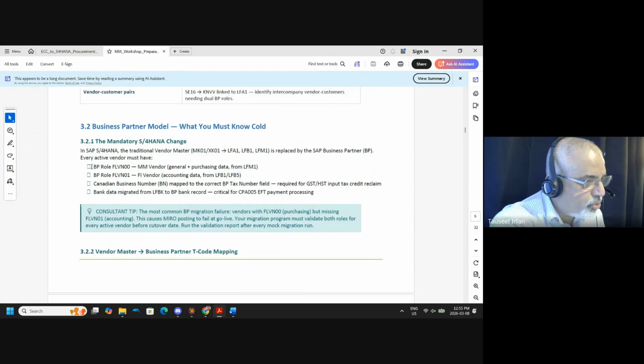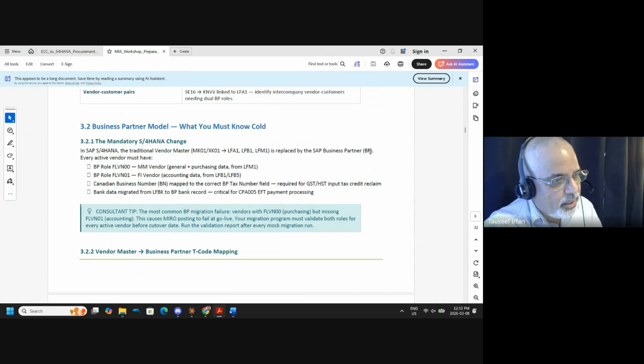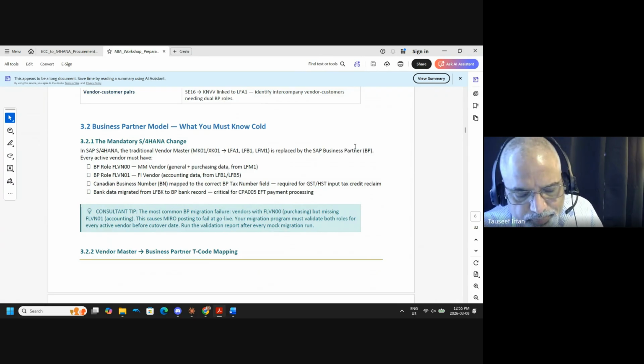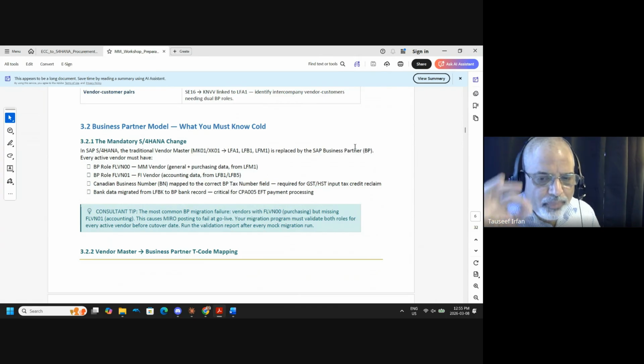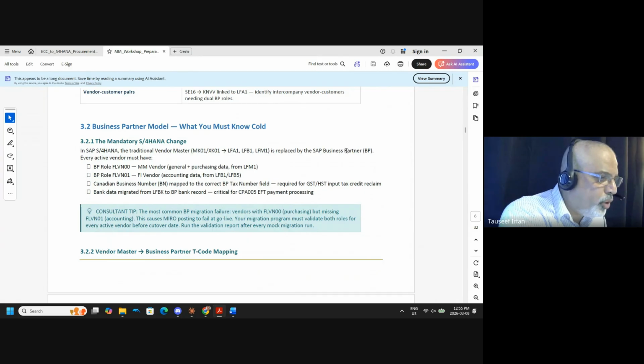Now what happened is in S4HANA, because a business partner can be a customer and a business partner can be a vendor, this is how it is structured. So how do you know a business partner is a customer or a vendor? It is because of the role.